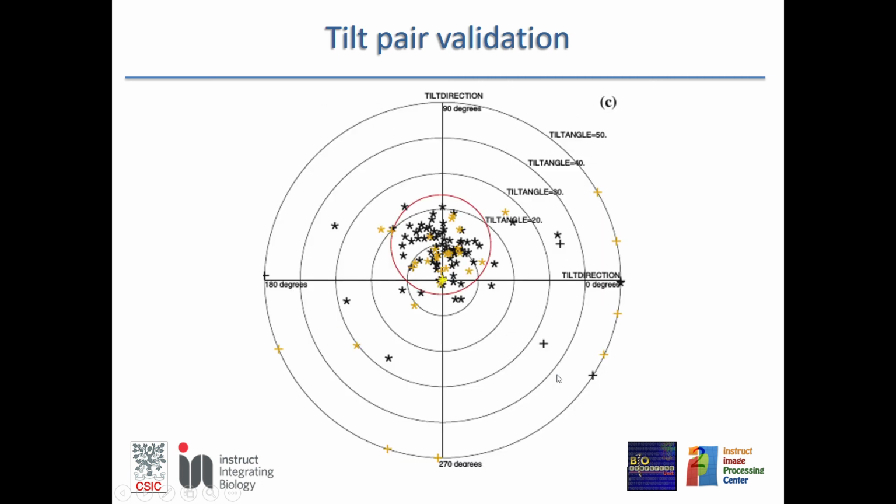Because you know the experimental tilt, you can compare those two angular assignments, and for the correct hand of the 3D reconstruction, the relationship between the two angular assignments should be the tilt that you put into the microscope.